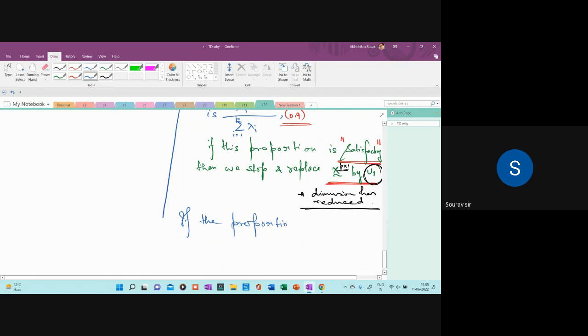If the proportion is not satisfactory, then we seek for a second normalized linear combination.